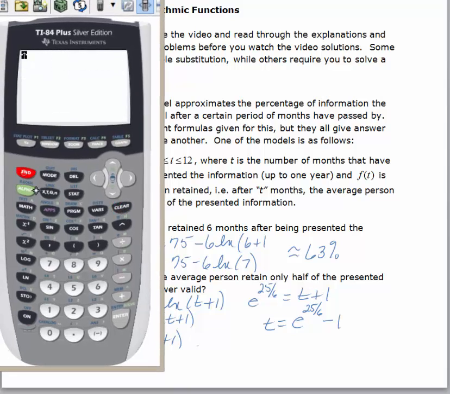So we're going to have second e to the x, or you can use the caret key like we discussed before. 25 divided by 6, close the parentheses. If you have the newer version, hit that arrow to get you out of the exponent and then subtract 1. And so t is approximately equal to 64.